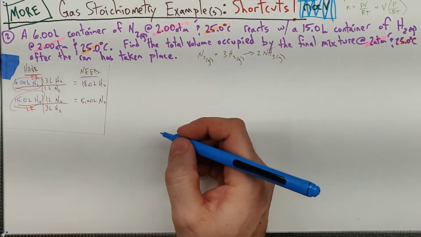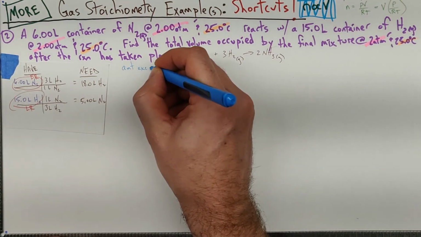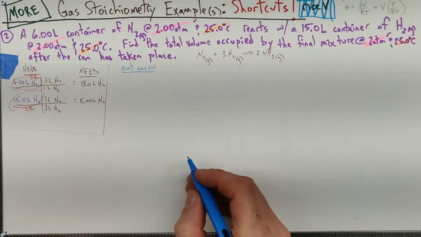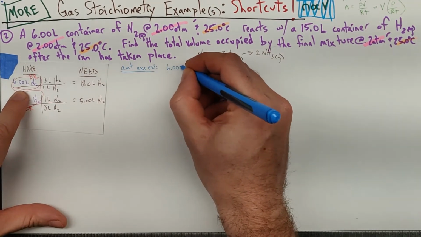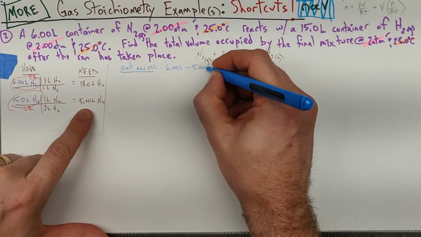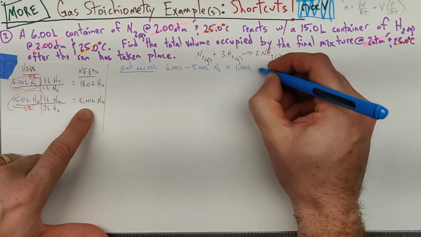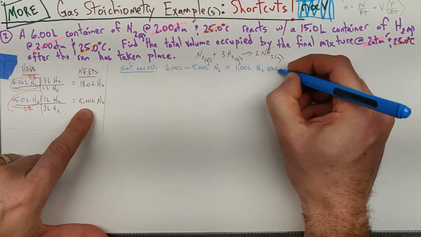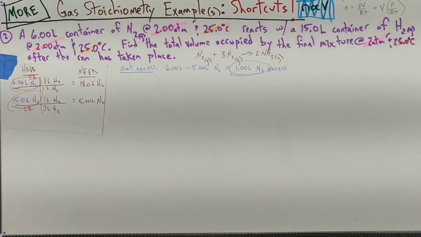Now that we know what we need, we can get an amount excess. And we're just going to subtract what we have of our excess reactant, that is 6.00 liters, minus what we need, 5.00 liters, and that is of the nitrogen. And so we have 1.00 liters of nitrogen excess. And that is an important number for us.